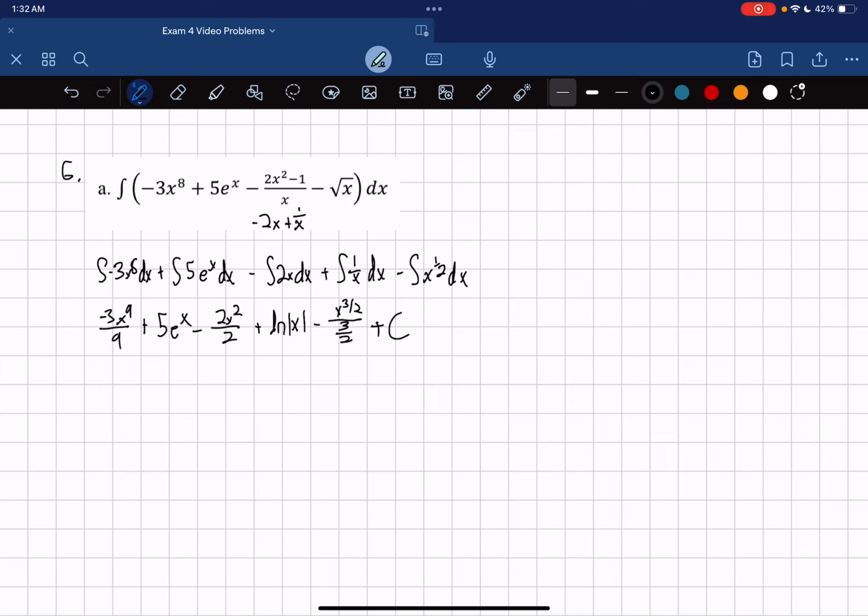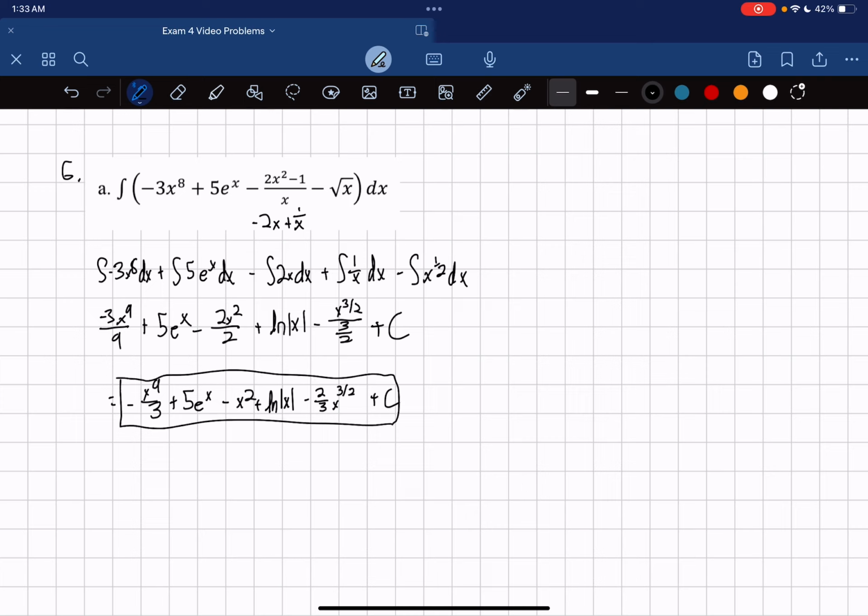Then we simply simplify, and that grants us our final solution. This is then our final solution.